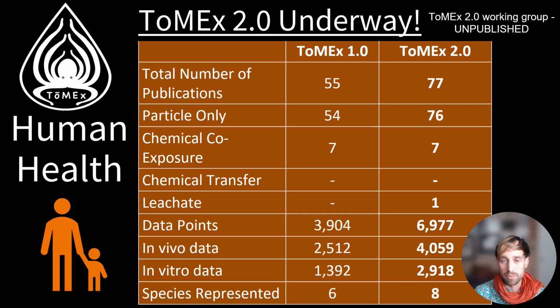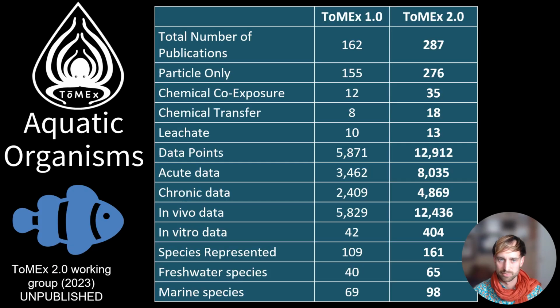Currently, we are working on updating this with a large group of collaborators, and for ToMEx 2.0, we've added 22 additional studies for human health, as well as 125 new studies for aquatic organisms. This brings the total data set up to 12,500 data points for in vivo toxicity studies for aquatic organisms, making it by far the largest repository of information on microplastics toxicity.